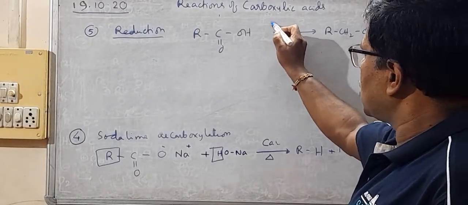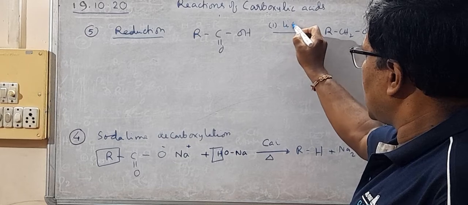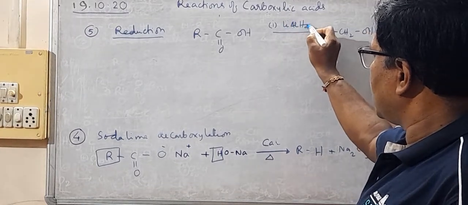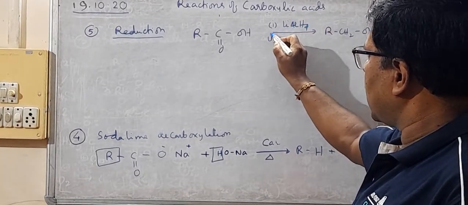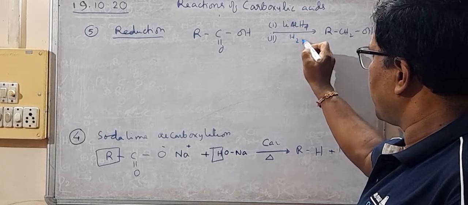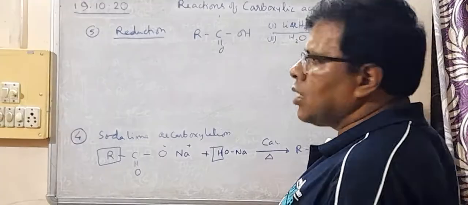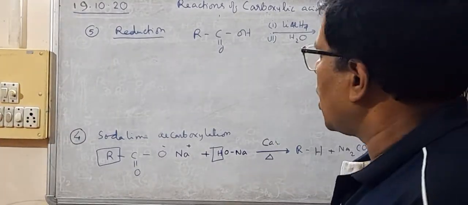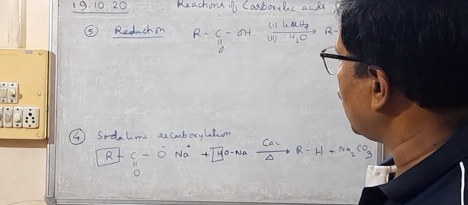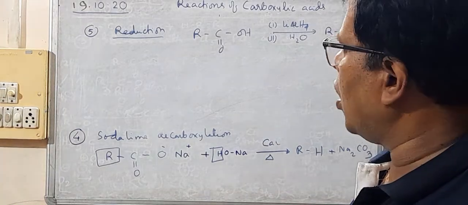Here we use the reagent lithium aluminum hydride as the first step, and in the second step we need water. So carboxylic acid is getting reduced to alcohol, and we can also reduce it to hydrocarbon.